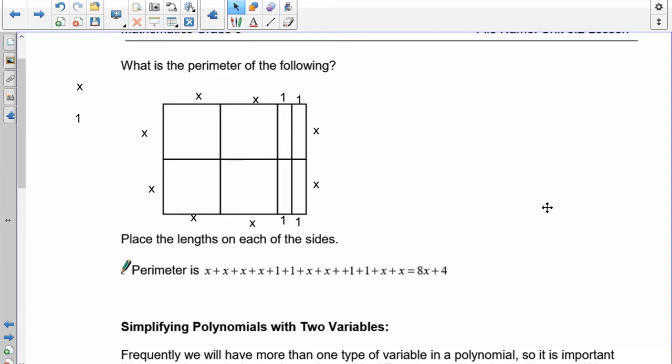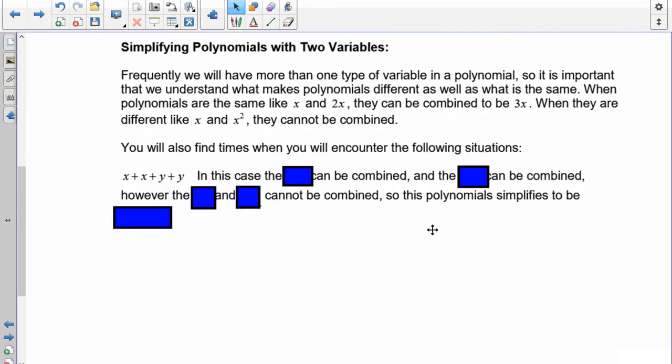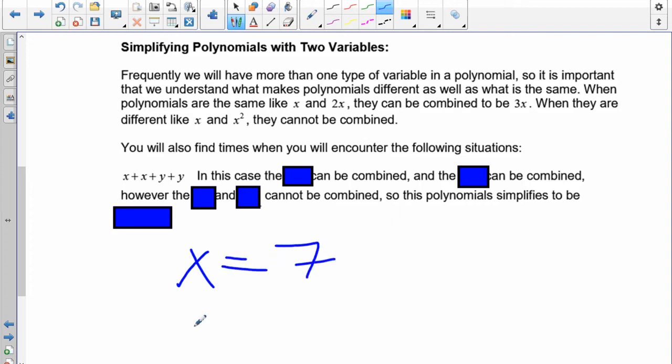Okay. Simplifying polynomials with 2 variables this time. Now before we talk about what can and cannot go together in terms of x's, we talk about x's versus y's. Now in a mathematical equation, if x equals 7, and you also have y in that equation, y cannot be 7.